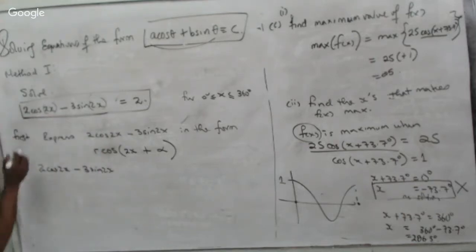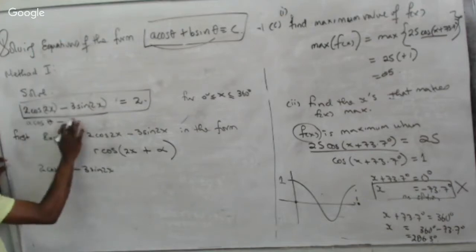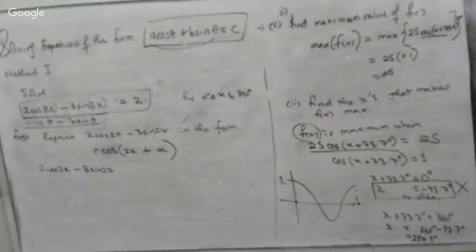What I can recognize is that this is in the form of a cos theta, where a is 2, theta is 2x. You see, it is in that form. So the same method that I will use for that form, I need to employ here. All right.